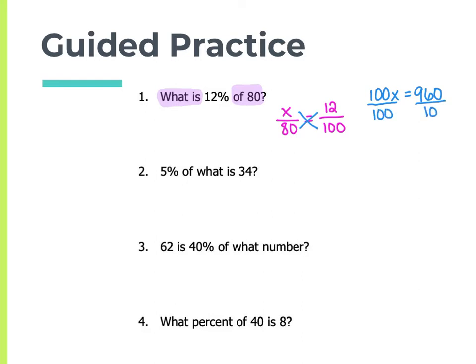We're going to divide by 100. I can cross out a 0 from my 960 and a 0 from my 100. And now we're dividing 96 divided by 10. When we divide 96 divided by 10, we get x equals 9 6/10.